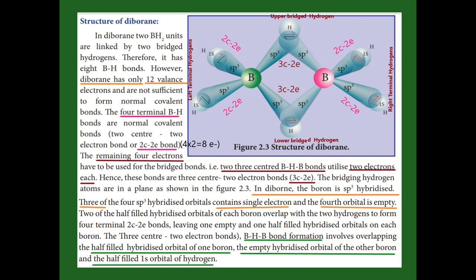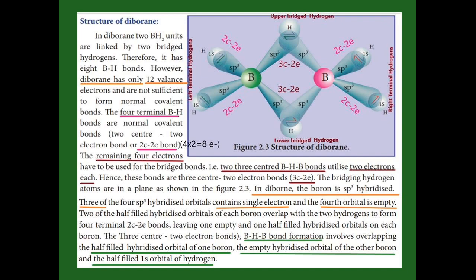In diborane, the boron is sp3 hybridized. sp3 hybridization is formed by 1 s orbital and 3 p orbitals. So totally 1 plus 3, 4 orbitals are involved in sp3 hybridization. So it gives 4 sp3 hybridized orbitals. Among the 4 sp3 hybridized orbitals, 3 contain a single electron, but the fourth sp3 hybridized orbital is empty.